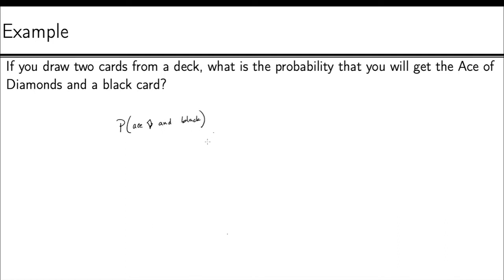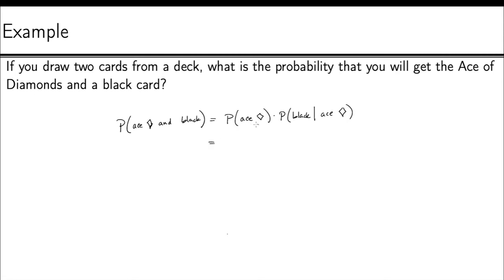All right, so this is an AND. We're going to use what we just did, which is the probability of the ace of diamonds times the probability of a black card, given that you have the ace of diamonds.